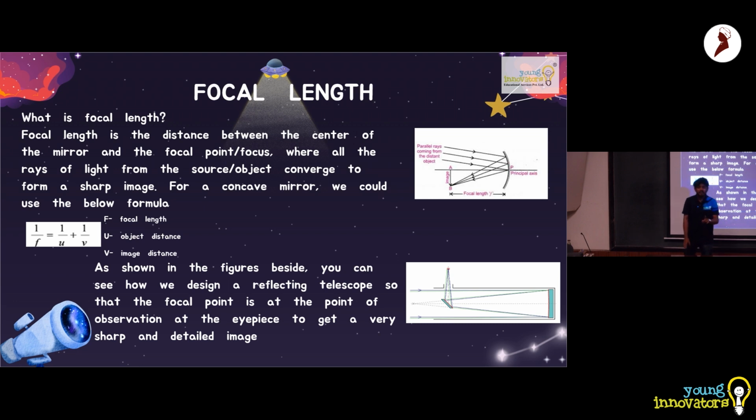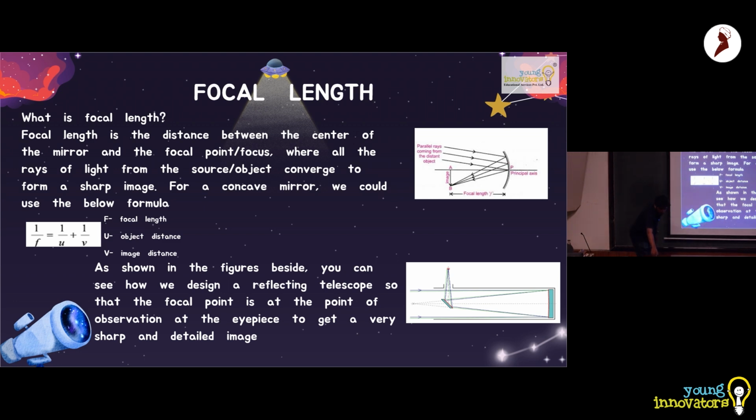Now, mind you, how will the image appear? Real or virtual, or inverted, in the case of a concave mirror? Inverted. Then real? Real. Good. Keep in mind that the image should have the same dimensions as the object. So, that becomes the image distance.